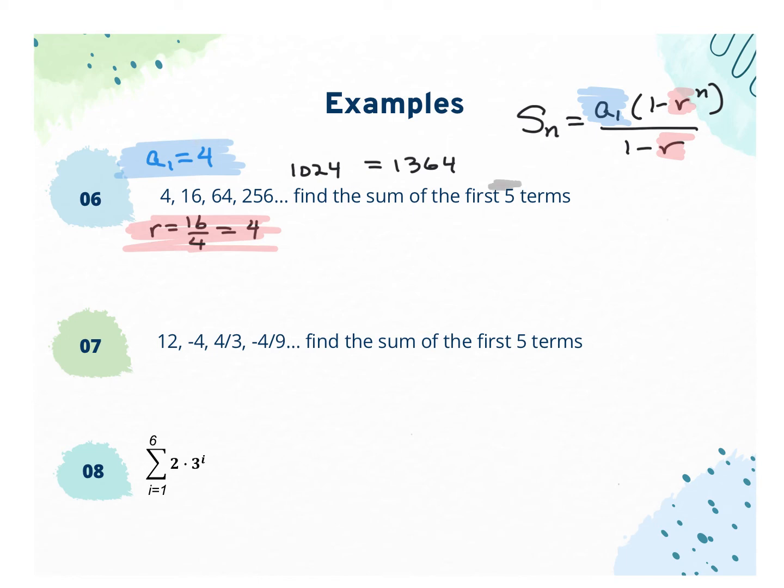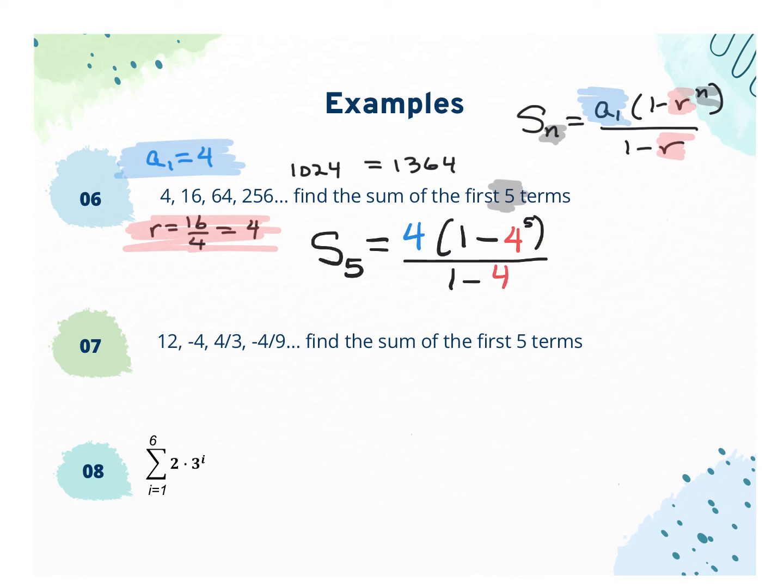So here my n value is going to be 5. So let me go ahead and put in all these numbers. So I'm going to be doing S sub 5 is equal to 4 times 1 minus 4 to the 5th power divided by 1 minus 4.